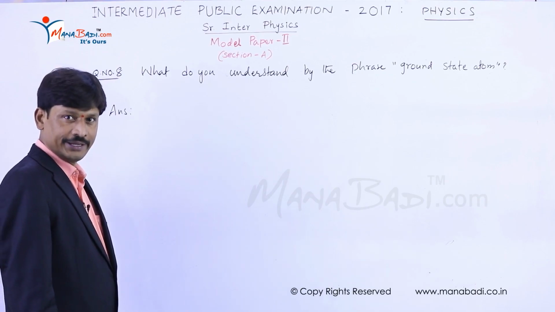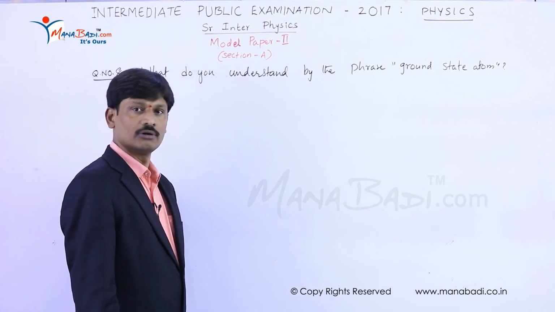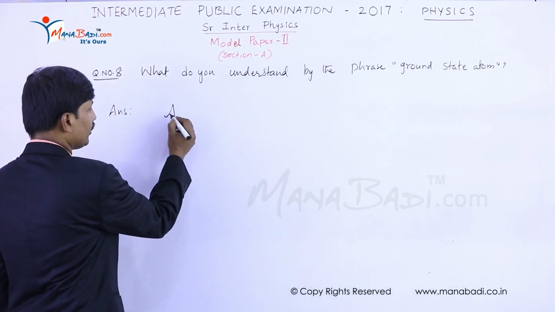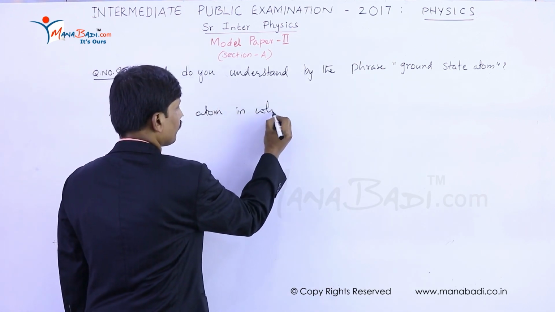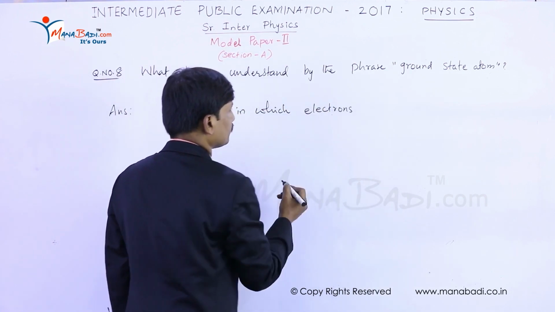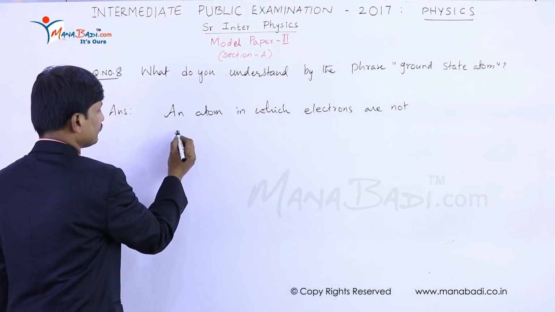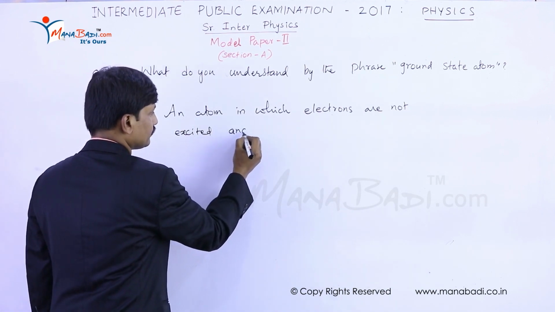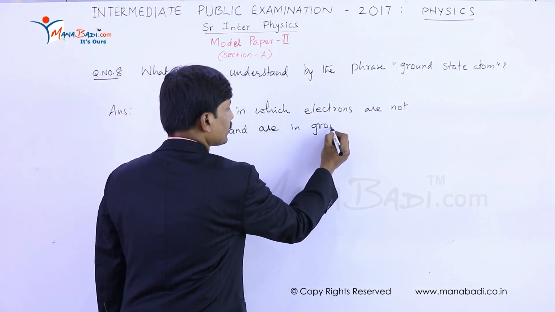Now the question number 8. What do you understand by the phrase ground state atom? The answer is, an atom in which electrons are not excited and are in ground state.